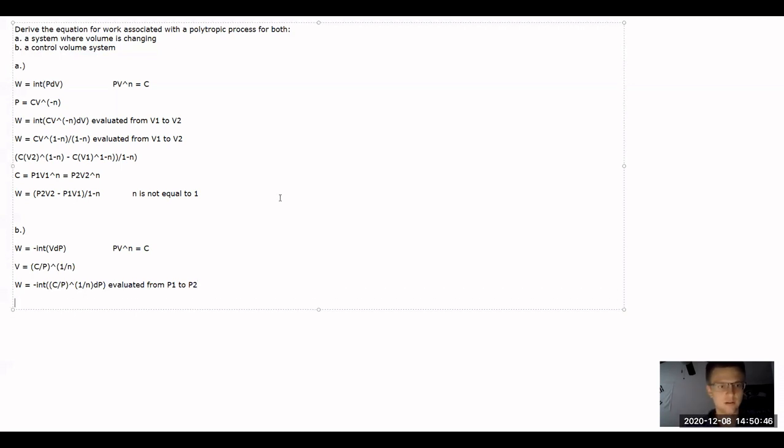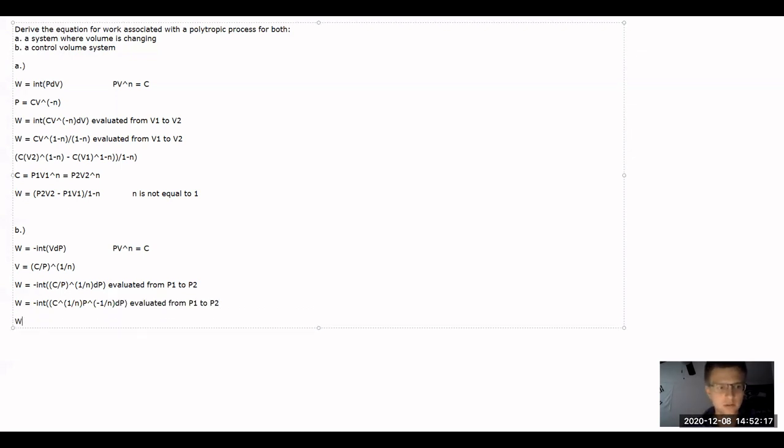Next up, we just have our fairly simple integration. Once again, I'm going to rewrite this as minus the integral of C to the 1 over n times P to the minus 1 over n, because it's in the denominator, dP.